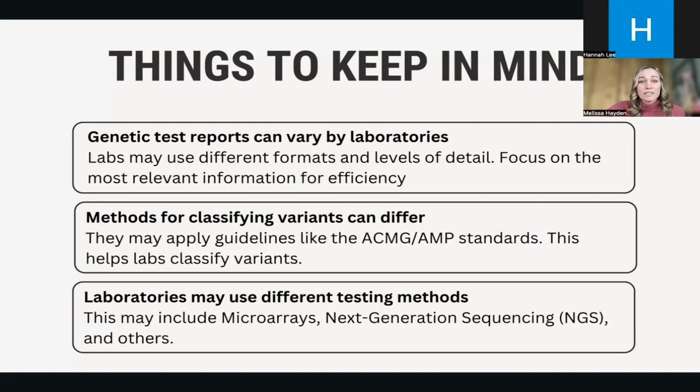This helps labs classify variants based on research, internal data, and expert guidelines. Labs may also use different testing methods, and understanding how to navigate the sections of a genetic test report can make it easier to interpret the results and reduce the feeling of being overwhelmed by complex genetic information.